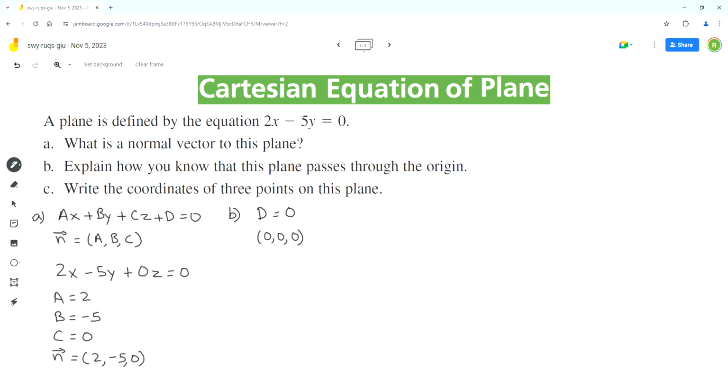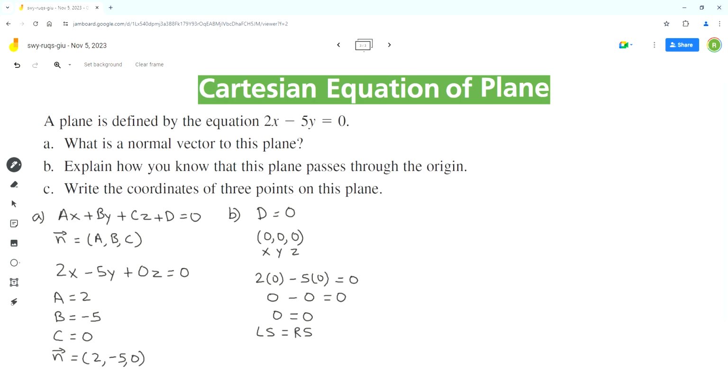So if we sub in x as 0, y as 0 and z as 0 in the given equation, and there is no z term, so we get 0 equals 0, the left side is equal to the right side. So that proves that the plane passes through the origin. So these are the two ways to prove that.